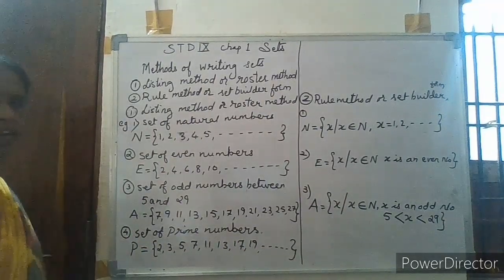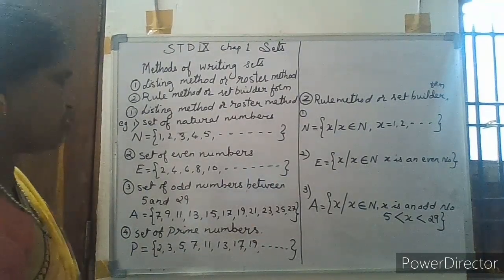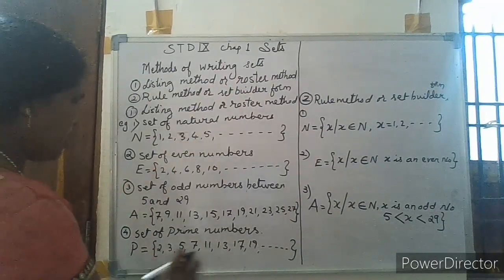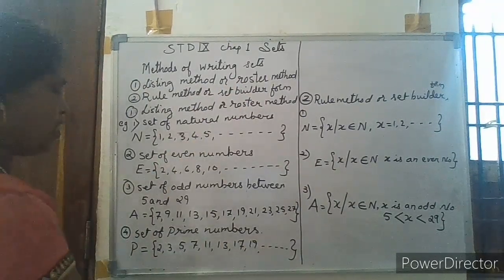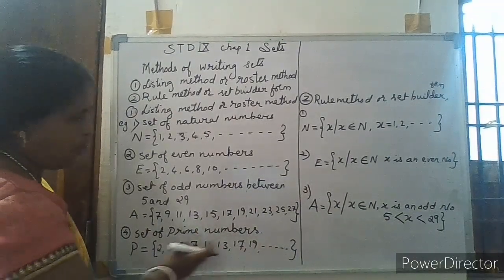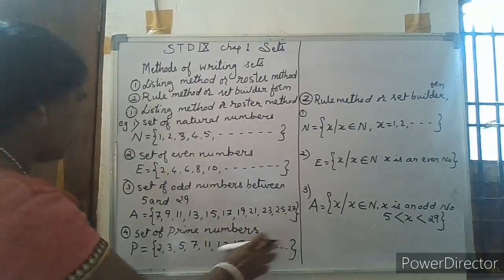There are infinite prime numbers. We cannot write all the elements here. So in the listing or the roster form we write the elements and show. When the elements are unlimited then we end it with a dotted line.